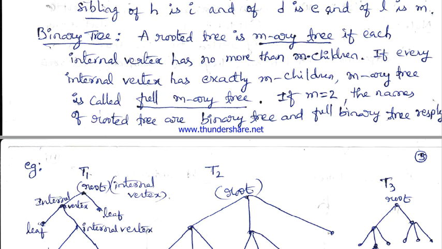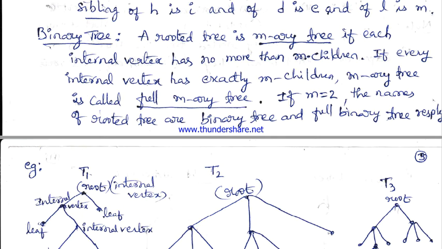If at every internal vertex exactly m children exist, we say that it is a full m-ary tree. The m-ary tree is called full if that number is exactly equal to m.